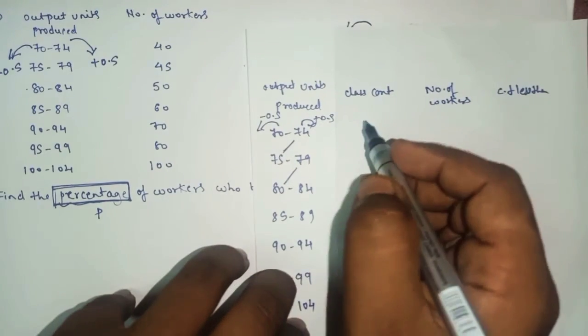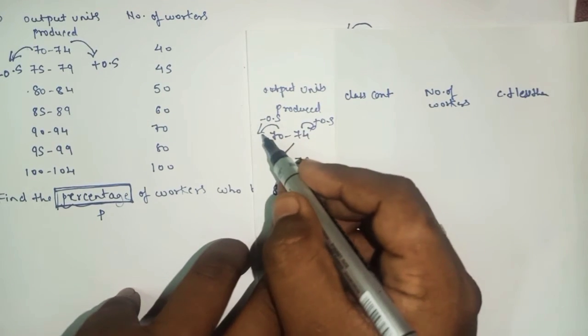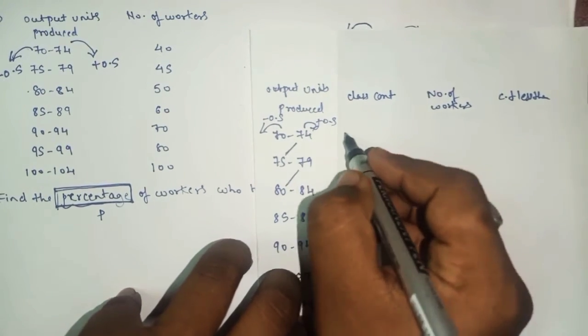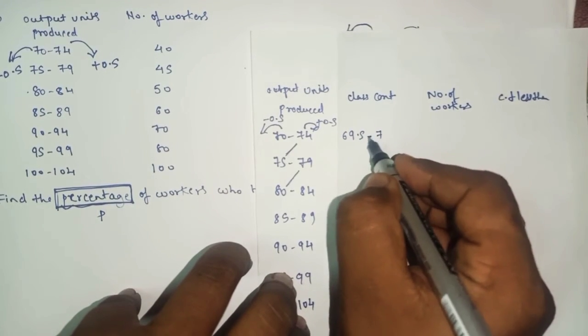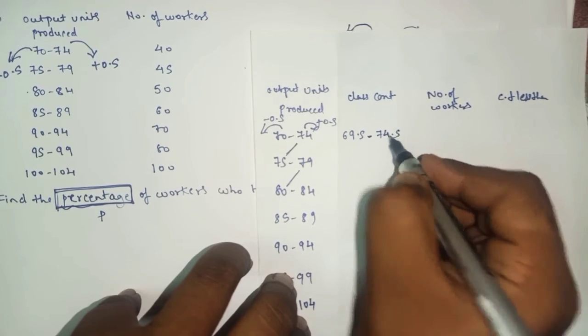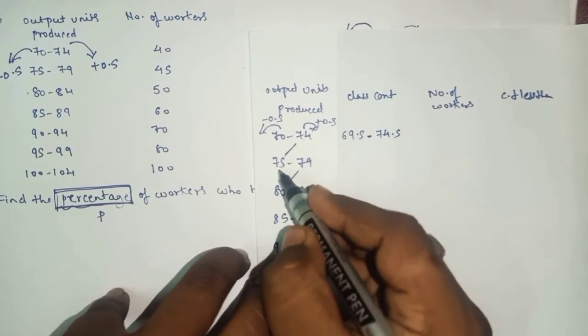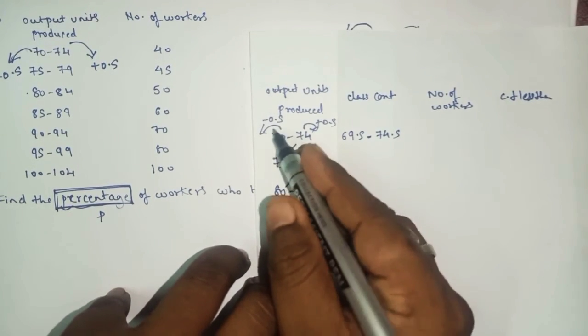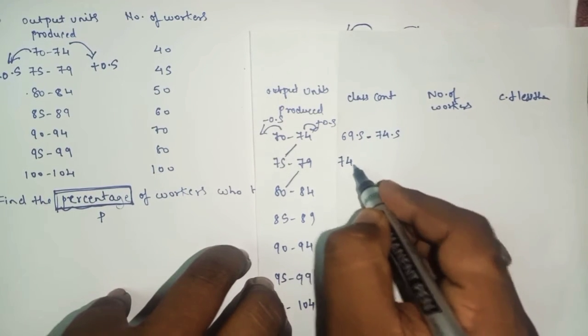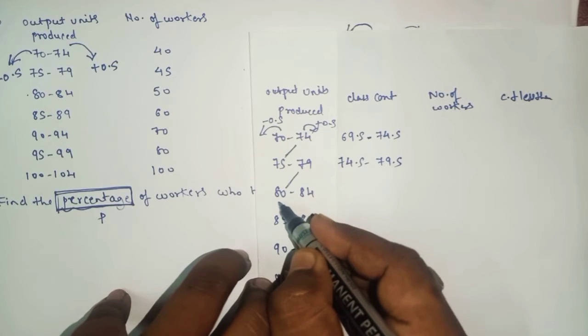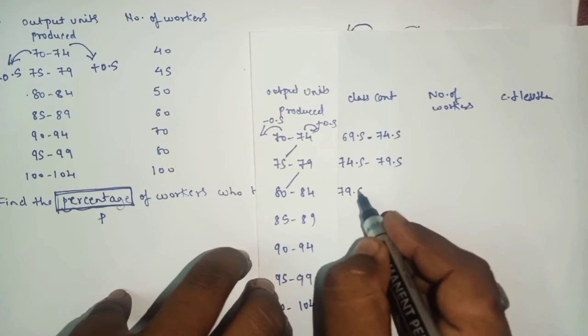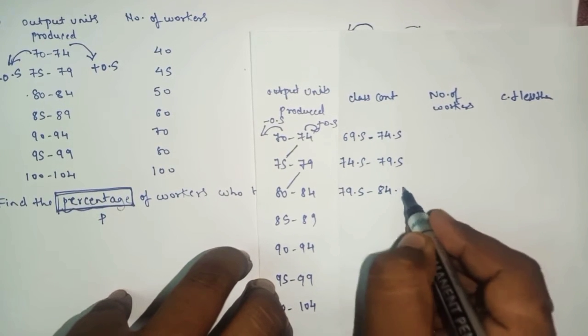So 70 minus 0.5 gives 69.5, and 74 plus 0.5 is 74.5. For 75 minus 0.5 you get 74.5, and the upper limit is 79.5. Then 79.5 to 84.5.